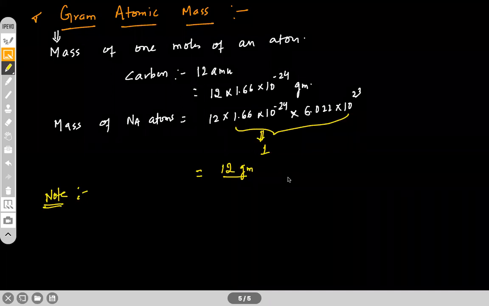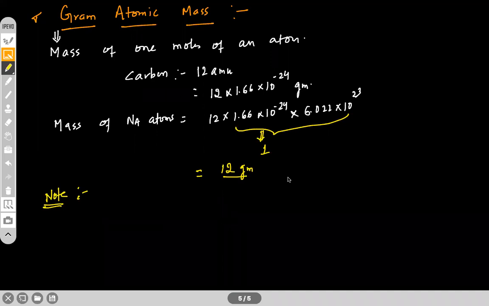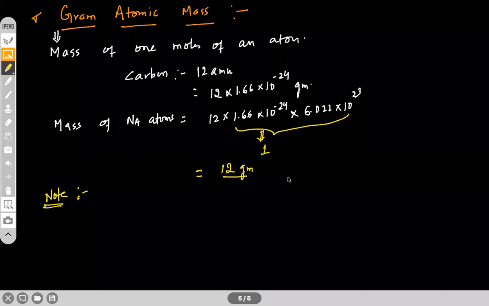Sir, can you repeat the statement? Gram atomic mass or gram atom, both are the same thing first of all.